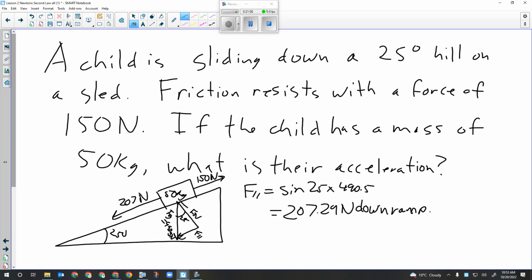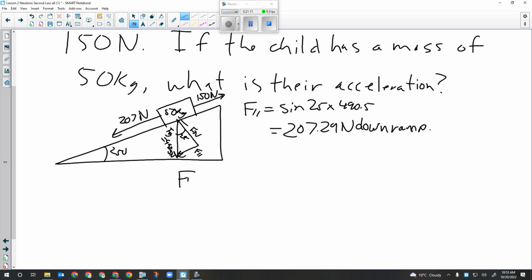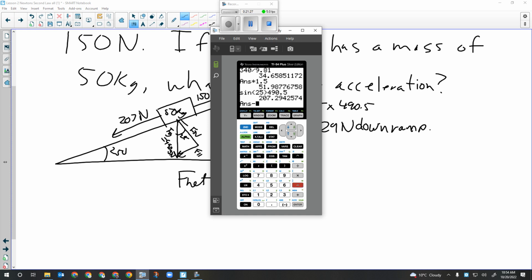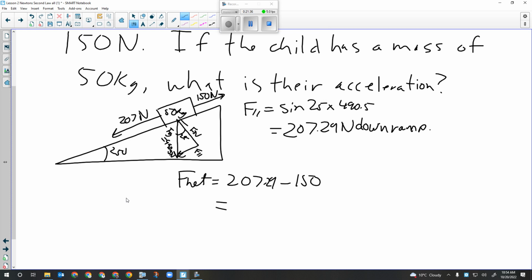F net is going to be 207.29 newtons down the ramp minus 150 newtons, because it's up the ramp. We're actually adding a negative here. So our net force is 57.29 newtons down the ramp.